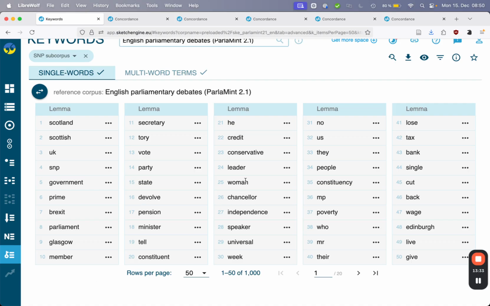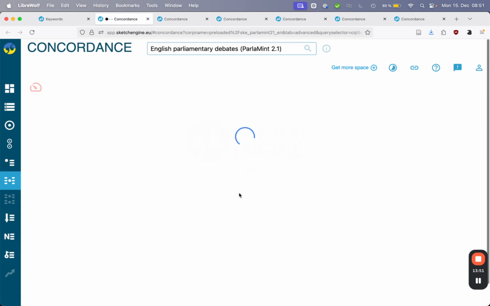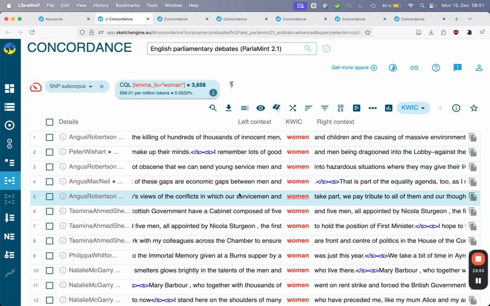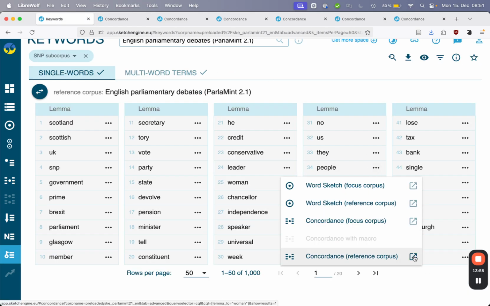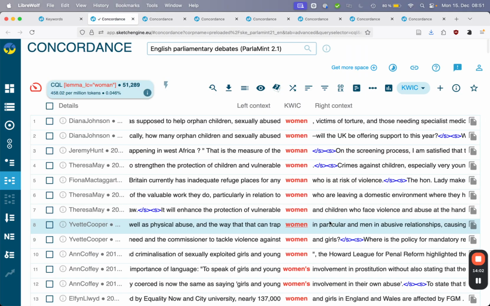So for instance, we see woman as the lemma, so it might also be in the plural form, is mentioned more often or is more strongly associated with SNP speakers than with the rest of the speakers in the corpus. And that might be something that we want to explore by having a look at the concordance lines in both the focus subcorpus, this one here, and also the reference corpus, that's the whole of Parliament, to compare the two and to compare the use of the lemma woman.